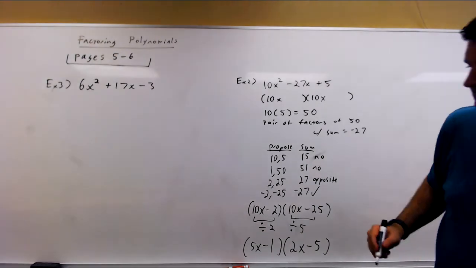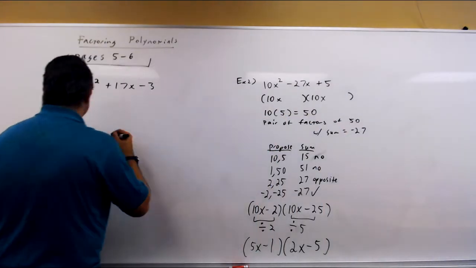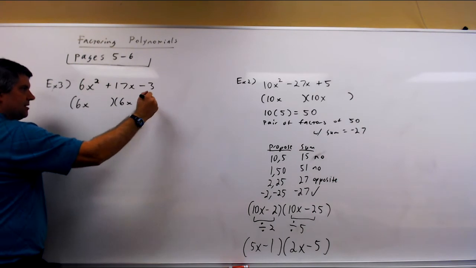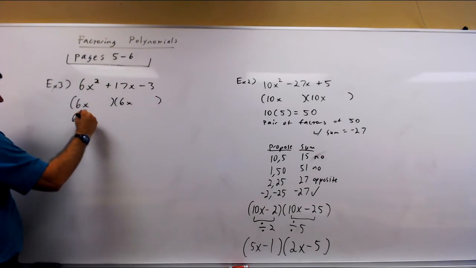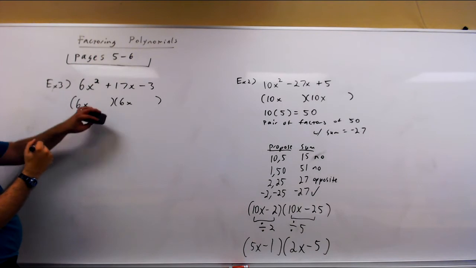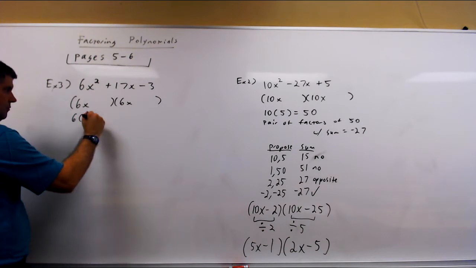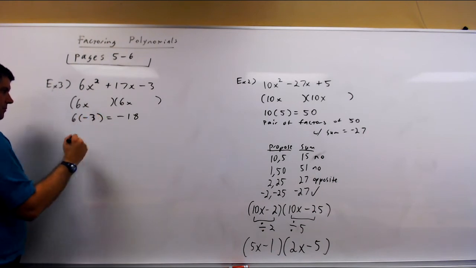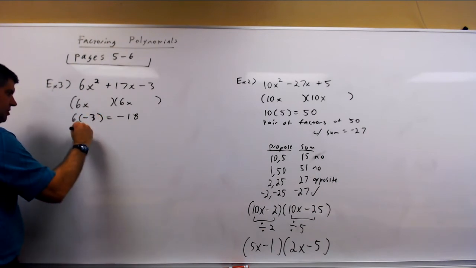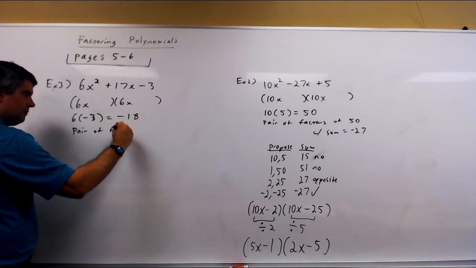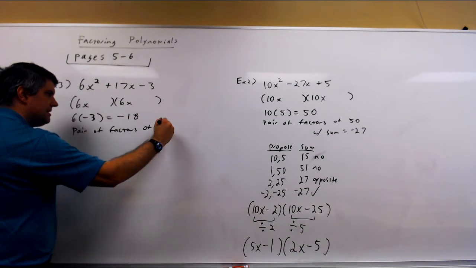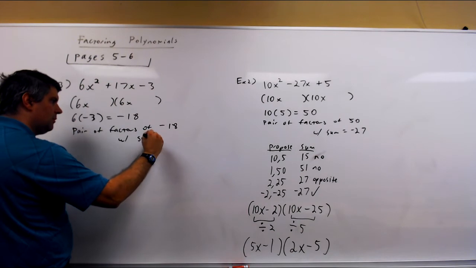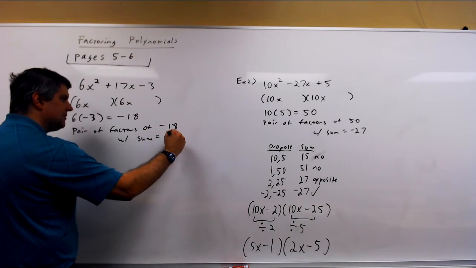All right, so we'll start with 6x and 6x. And 6 times negative 3 is negative 18. We need a pair of factors of negative 18 with a sum that equals positive 17.